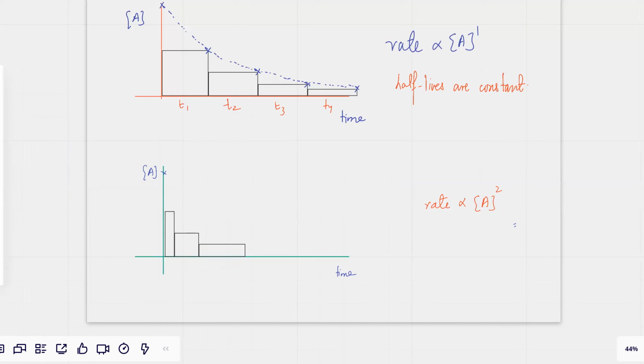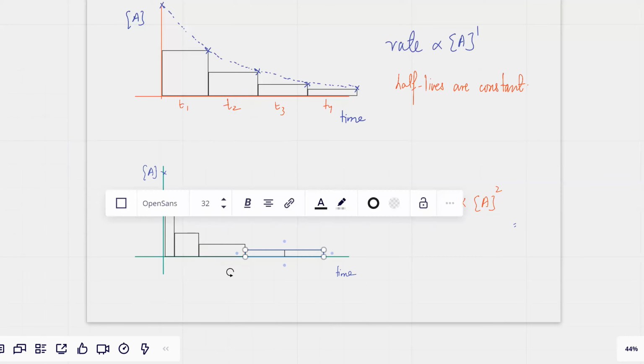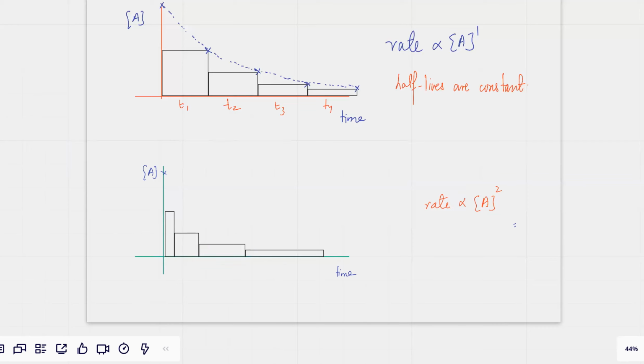And the fourth time it decreases to half again, and this time it's going to take an even longer time. So this is what the curve would look like. I'm going to just join these points.